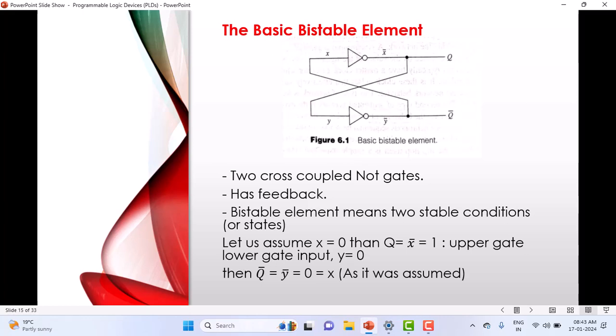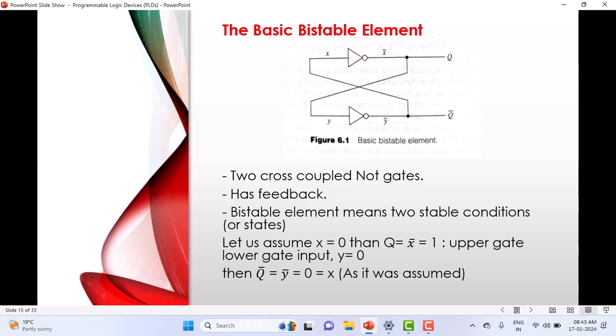You cannot assume the same data, 0, 0 or 1, 1 at the output. If you get the same output, 0, 0 or 1, 1, that state is called a forbidden state, which we normally avoid in flip-flops or latches. You are not supposed to push the flip-flop into the forbidden state. What is that forbidden state I'm calling? Both q and q bar becoming 0, or both becoming logic 1. It is called the forbidden state.